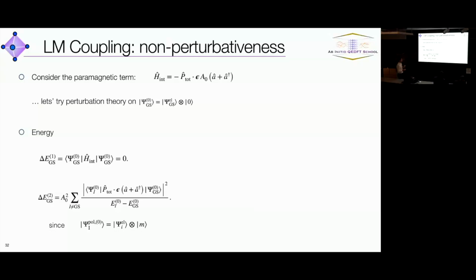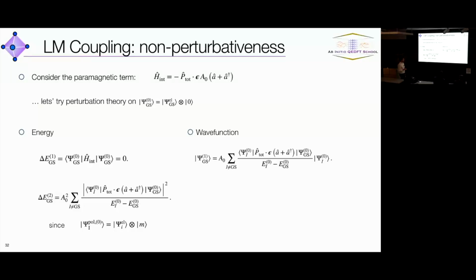Those, especially the ones with m equal 1, will couple with the ground state, the 0-photon sector. So this sum is not necessarily 0. And in fact, it's not 0. The change in energy goes as H0 squared.